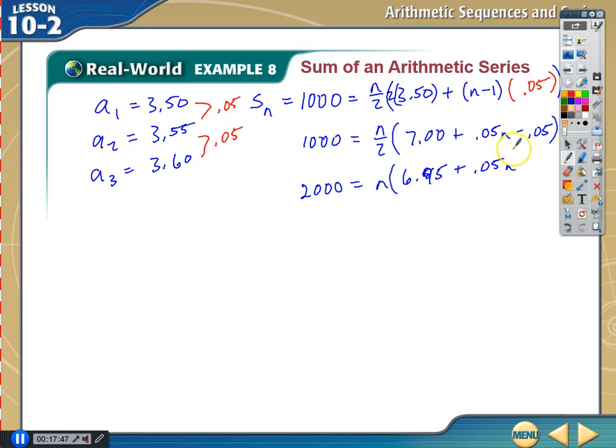Distribute my n. Subtract the 2,000 from both sides. So when I do that, I have here 0.05 n squared plus 6.95 n minus 2,000.